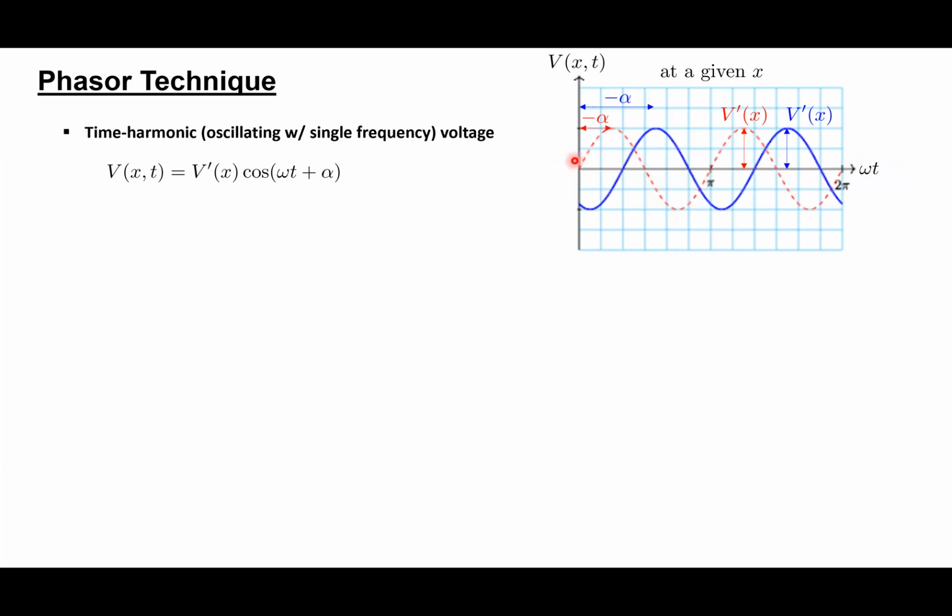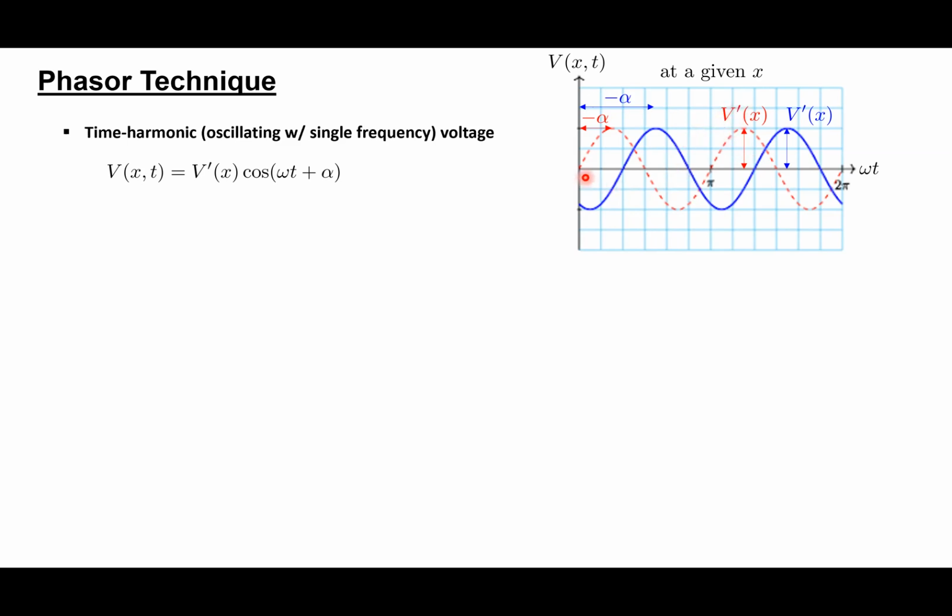That's because it is oscillating at a single frequency, so in this case it has a minus alpha time delay as much as this amount, and also it has an amplitude. I will call the amplitude V dash.